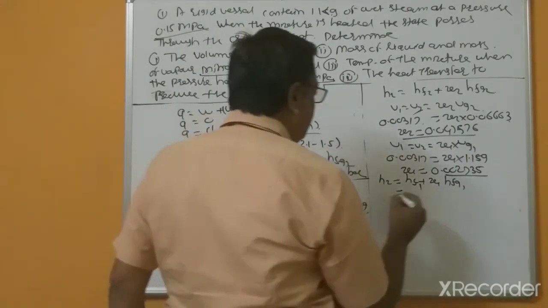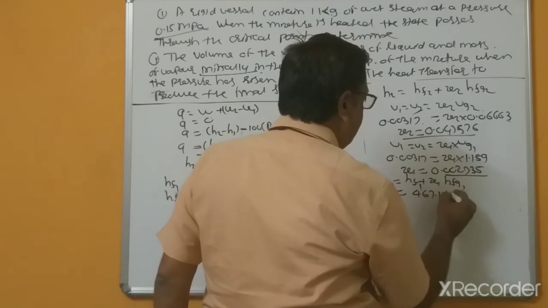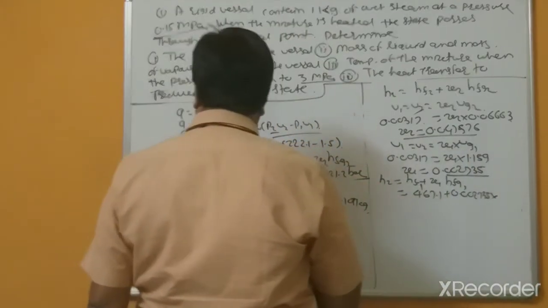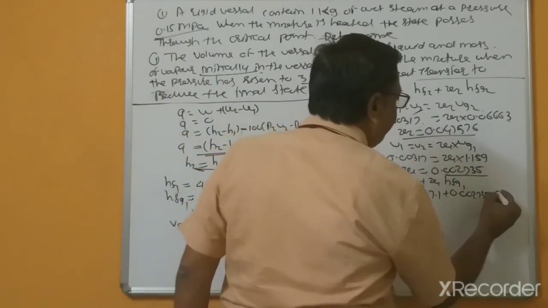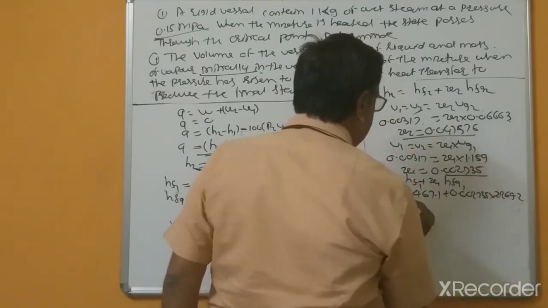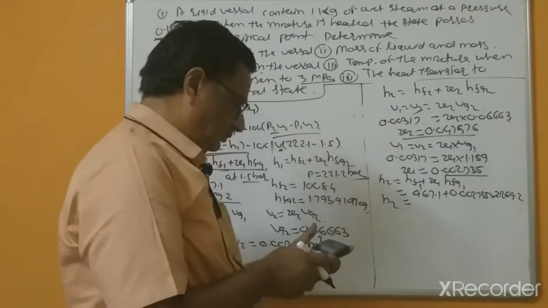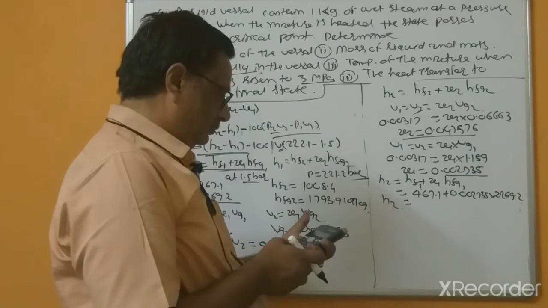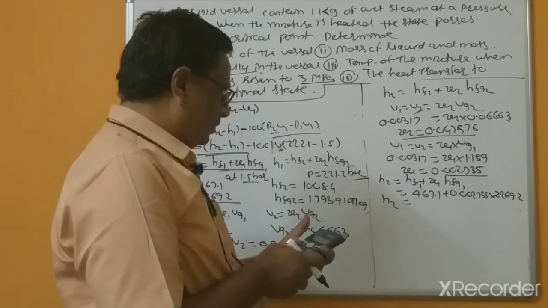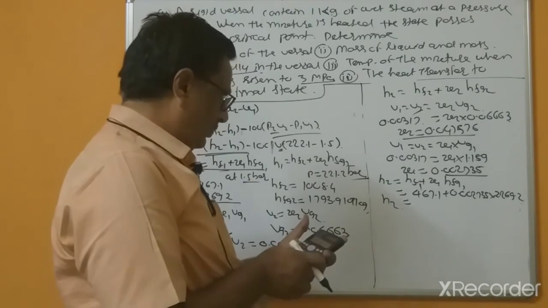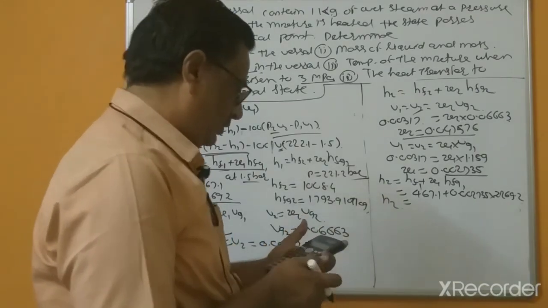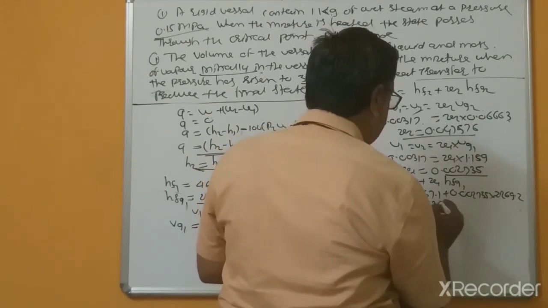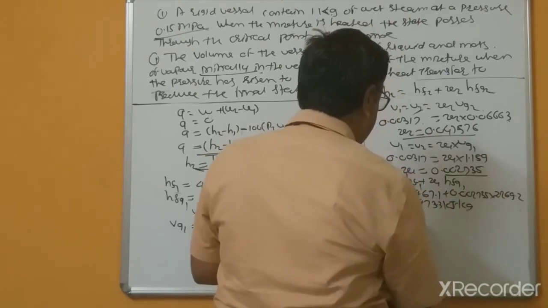Hf1 equal to 467.1, x1 equal to 0.002735, Hfg1 2269.2, H2 equal to 467.1 plus 6.2, which is 473.3 kilojoule per kg.